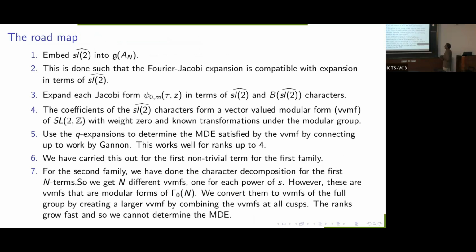This is done such that the Fourier-Jacobi expansion is compatible with the expansion in terms of SL2 hat. Remember, the Fourier-Jacobi was S tending to infinity. So you have to make some identifications, and it forces you to say alpha 1 and alpha 2, the two common walls, have to be your SL2 generators. And as he pointed out, the Cartan of SL2 hat has a third generator.